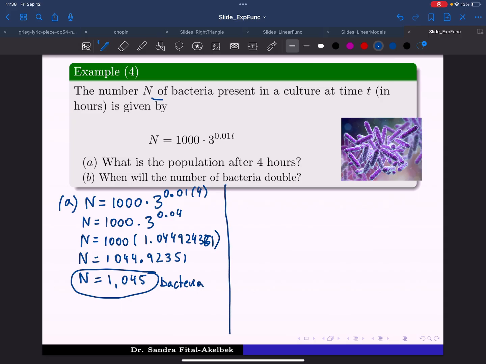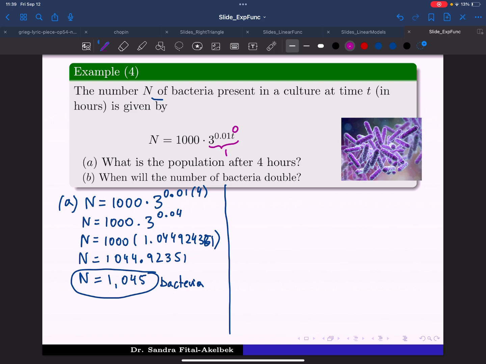Part B. The question asks, when will the number of bacteria double? So how many bacteria were there at the beginning? At time 0, we can check first. If I substitute 0 for time t, 0 times anything is 0, 3 to the power 0 is 1.